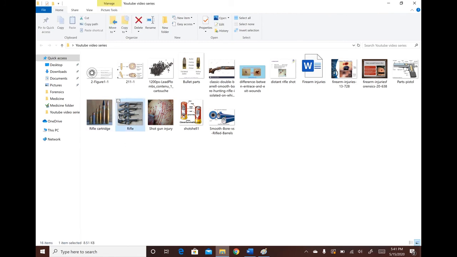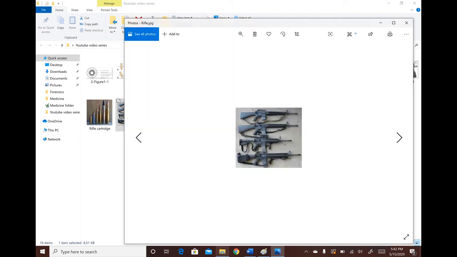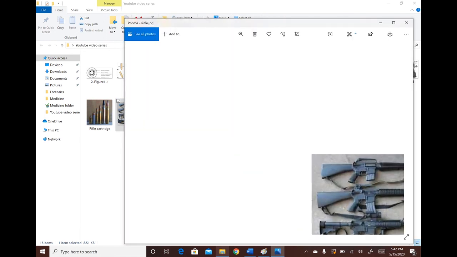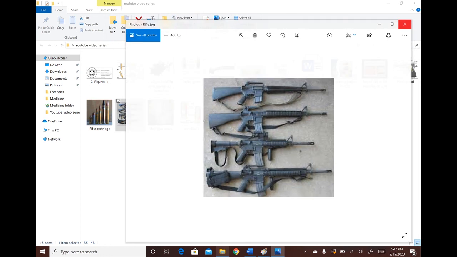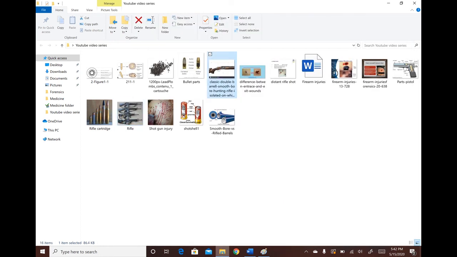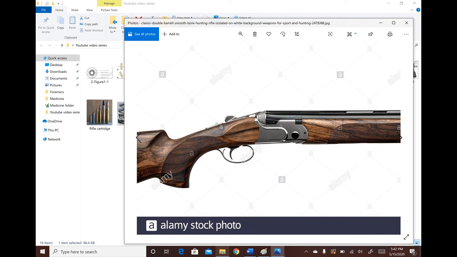This is an image of example rifles. This is the magazine, muzzle, chamber, the barrel and the breech. And then this is an example of a shotgun.